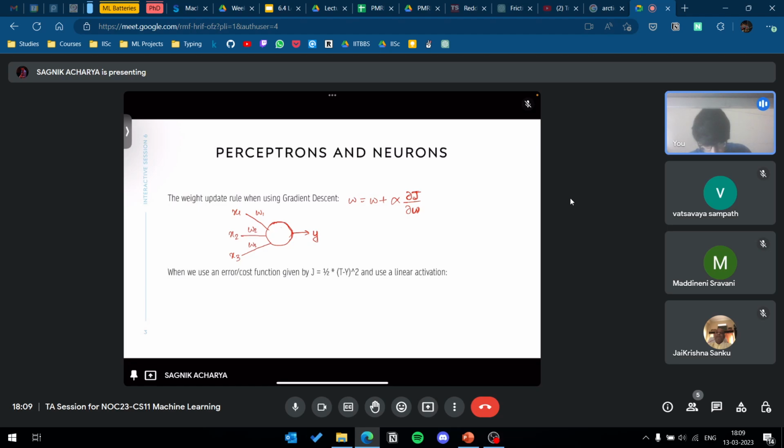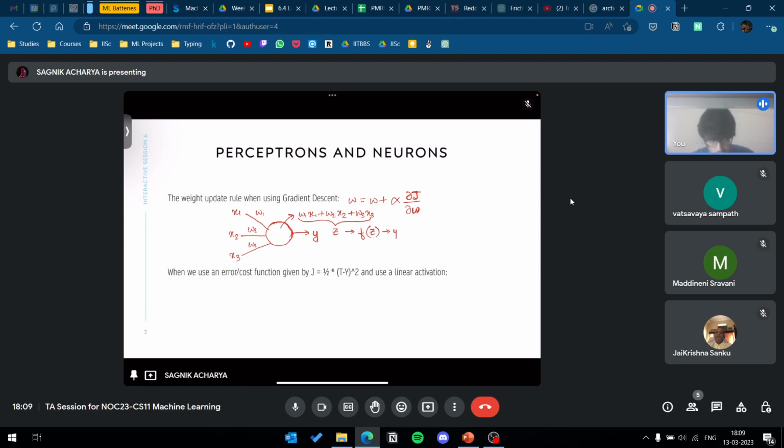The operation inside is w1 x1 plus w2 x2 plus w3 x3. If I call this z, then we put z through an activation function f of z, and finally we get y. So this is the path taken in the forward direction for a perceptron.